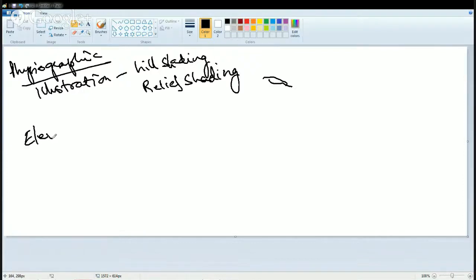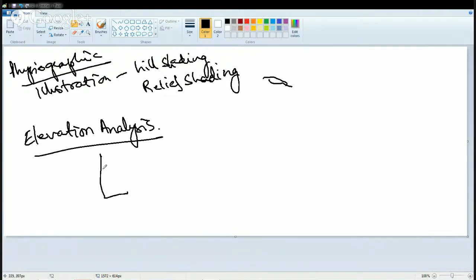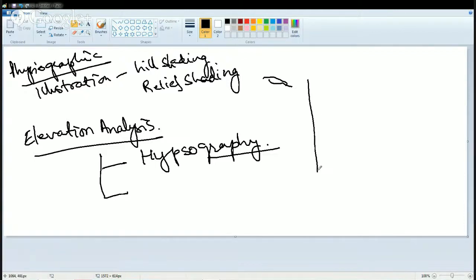The next method of relief depiction is elevation analysis. Elevation analysis can be done by two methods. First is hypsography. Under this, you try to find out the elevation of a solid angle relative to the mean level. So what we can do here is, this is the graph.